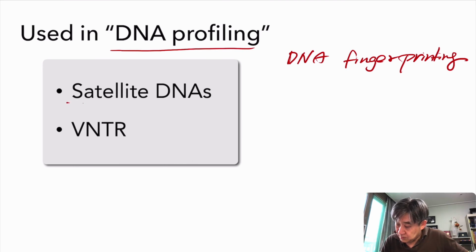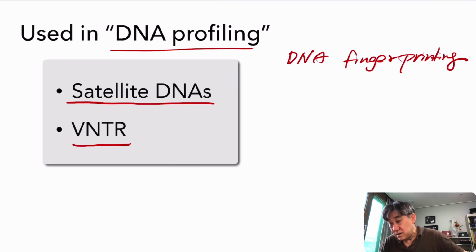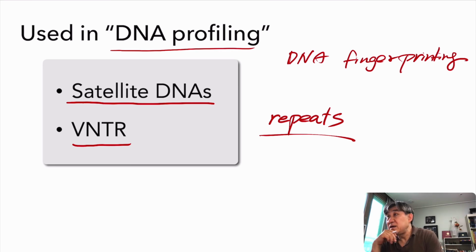For example, one segment of such DNA is called satellite DNAs, and the other one is called VNTR. You don't really have to know exactly what they are, but the common characteristic of whatever they are is the repeat. DNA sequence repeat.